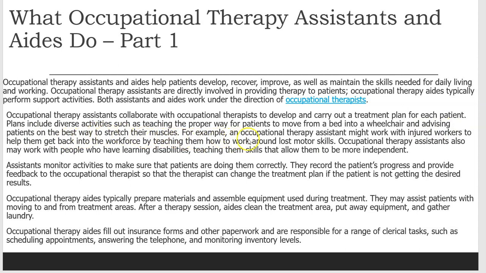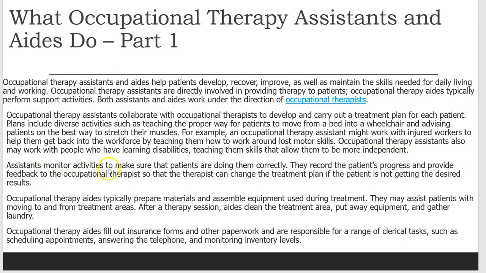For example, an occupational therapy assistant might work with injured workers to help them get back into the workforce by teaching them how to work around lost motor skills. Occupational therapy assistants also may work with people who have learning disabilities, teaching them skills that allow them to be more independent.